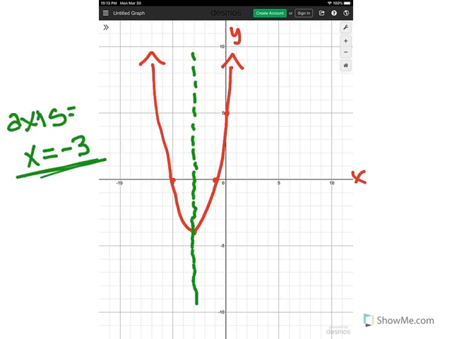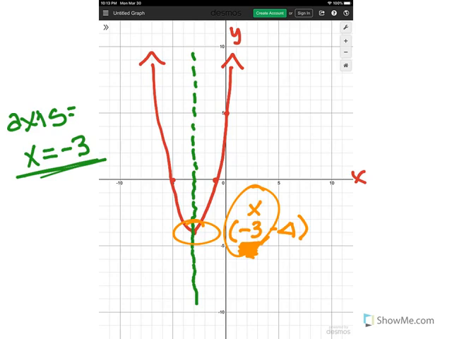And we know it's at negative 3 because our vertex, this point right here, is (-3, -4), and the x number of the vertex is negative 3. So my axis of symmetry will always cut on the vertex. So it will always be a vertical line with your x coordinate.